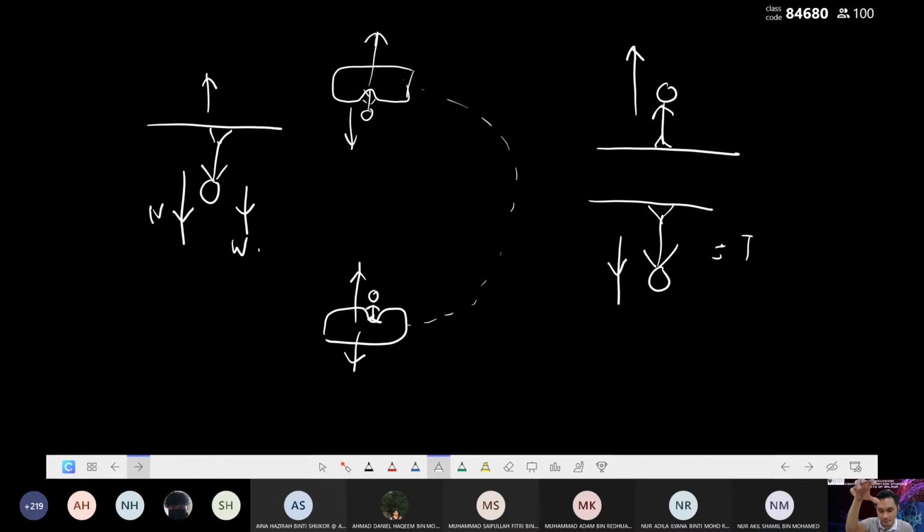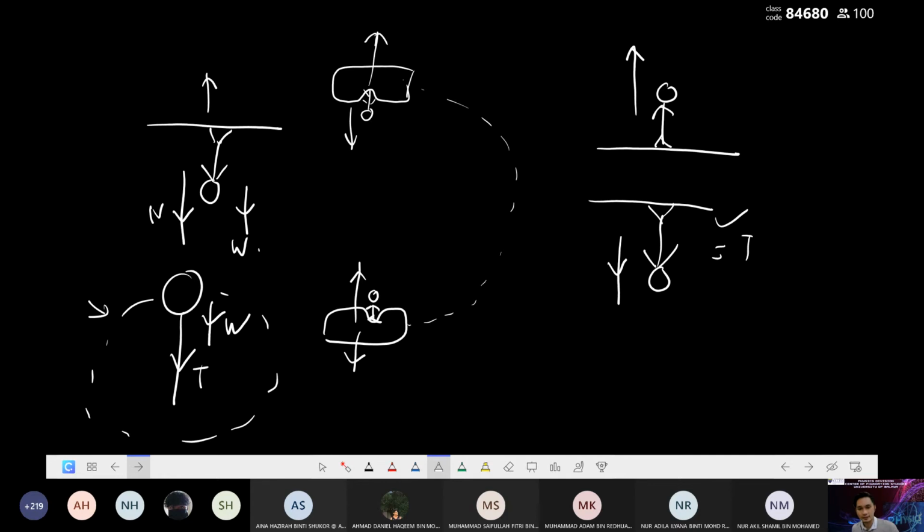Dia akan jadi case sama dengan tension tu, di mana dia ada tension ke bawah and dia ada weight ke bawah. This is the weight, this is the tension. Dia akan sama dengan case yang pertama. Kalau yang jenis roller coaster yang kita terbalik ke bawah kan, dia akan sama case dengan case yang tension ni. The weight dengan the normal in the same direction. There is no forces yang akan ada ke atas. Boleh?